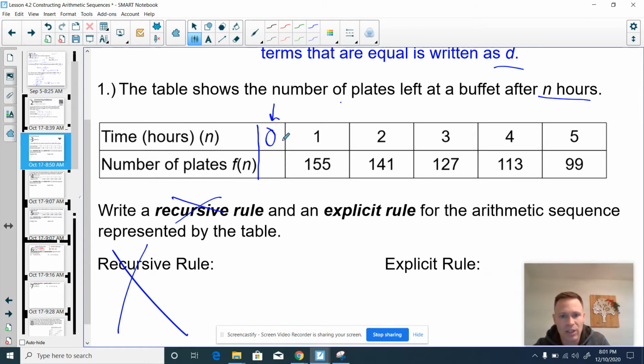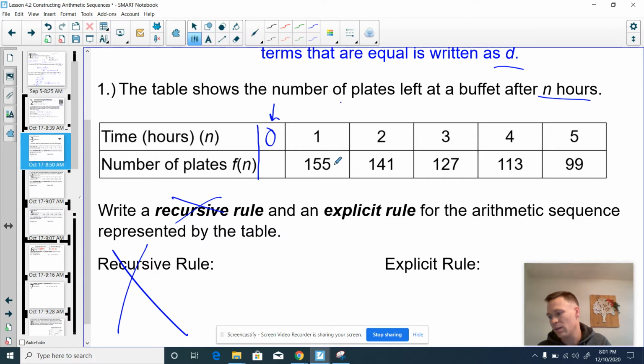So if n represents hours, at 0 hours, how many plates did we have before anybody took any? And after the first hour goes by, we have already lost some plates. We're at 155. And the second hour goes by, we're at 141 and so forth. So our job is to first find the consecutive difference, or the common difference.